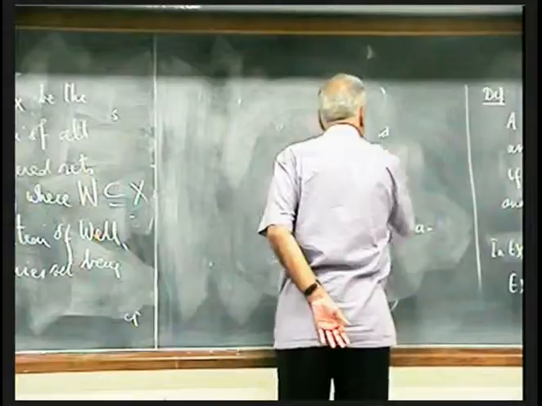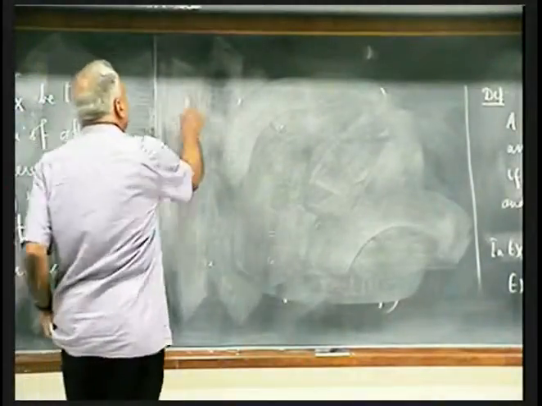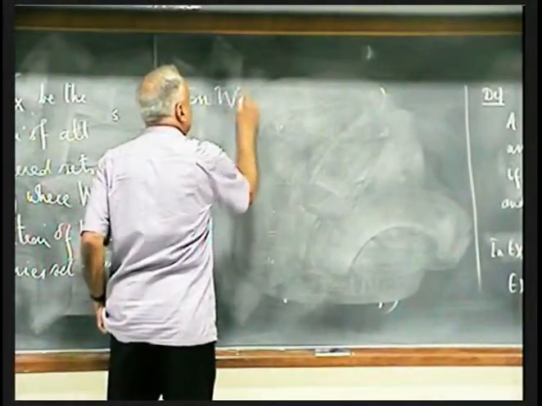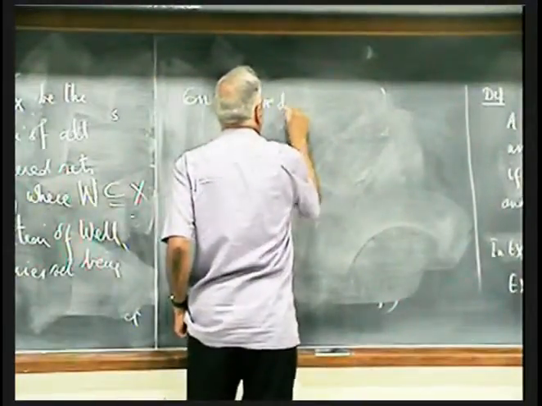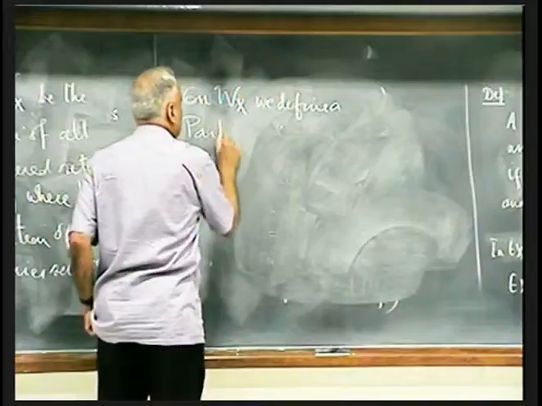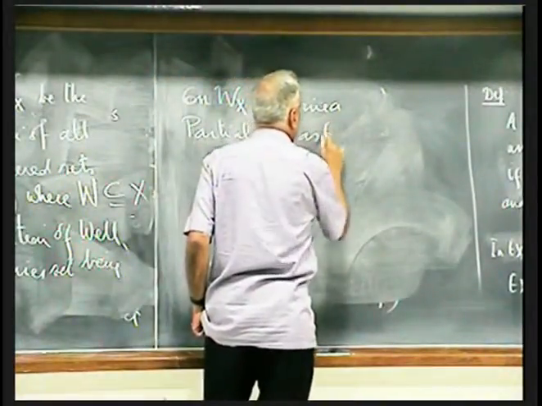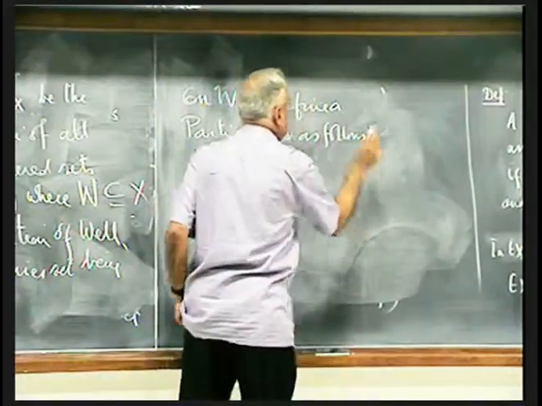Now, on this collection of well ordered sets, I am going to give an order. So on Wx, we define a partial order as follows. Look at it carefully.